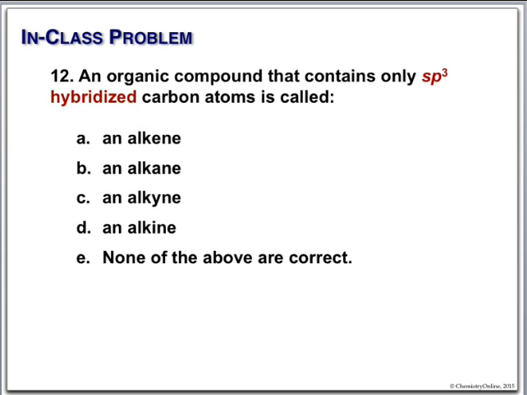All right, organic. Remember organic chemistry. I love organic chemistry. An organic compound that contains only sp3 hybridized carbon atoms is called what? Now this is a functional group, isn't it?